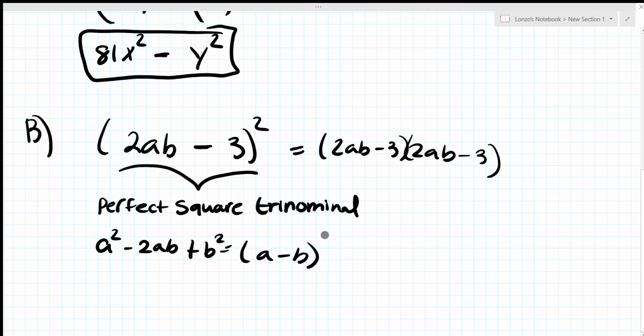When you do this, you have to figure out whether it looks like the right side or the left side. This part looks exactly like the left side, so we just have to make it look like the right side, and then figure out what our a and b are. So let's figure out our a and b.